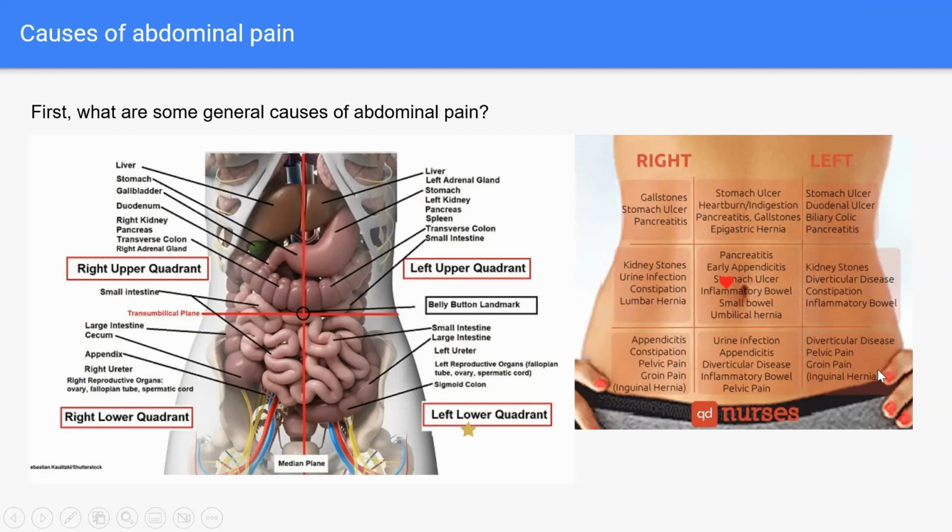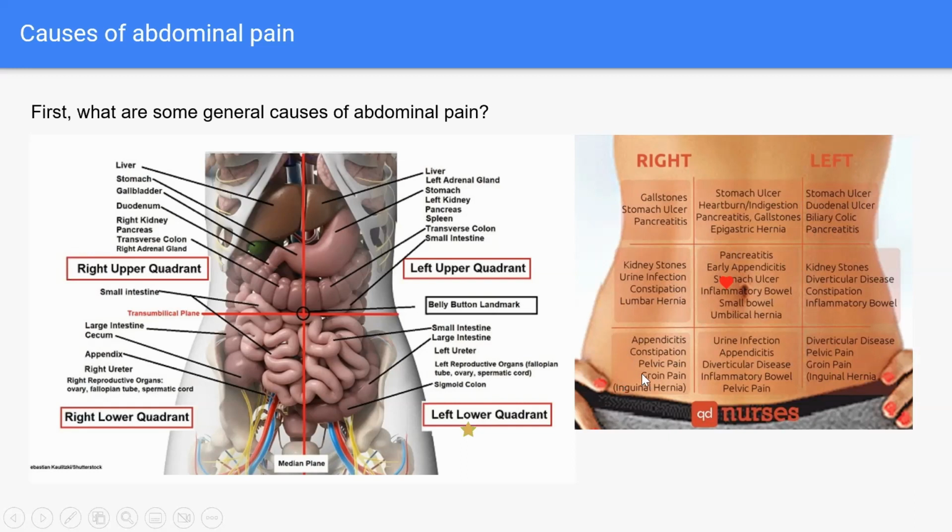Similarly, diverticular disease is very common in the left lower quadrant, where appendicitis is common in the right. But appendicitis definitely can spread and become more diffuse as well. It can start out diffuse and then usually becomes more localized.